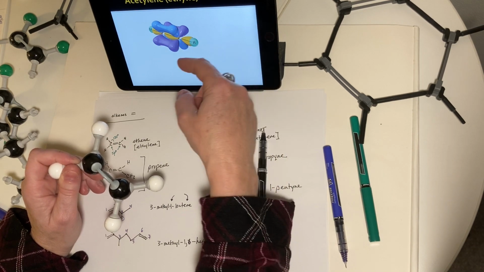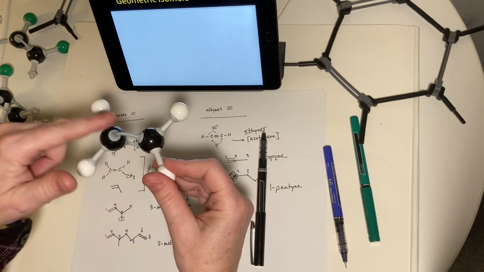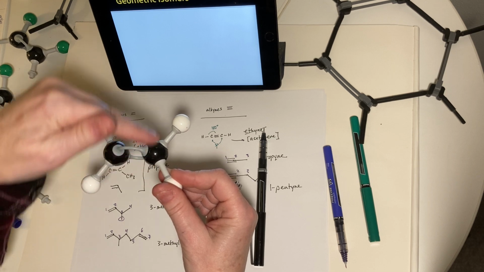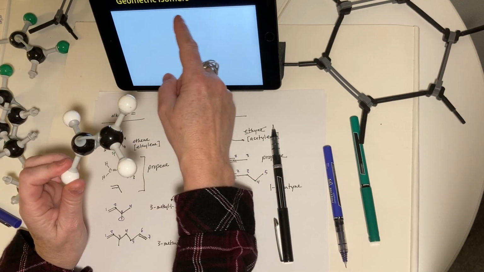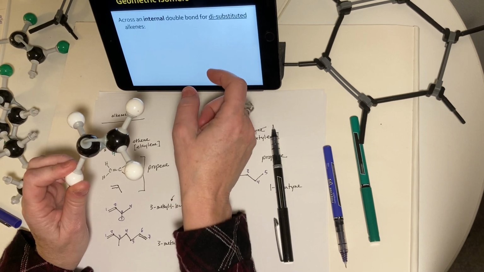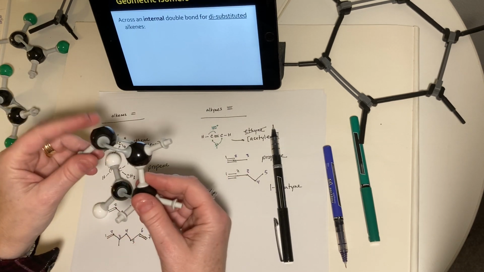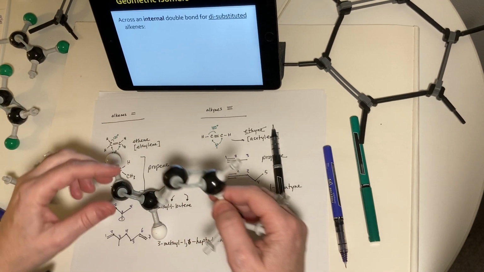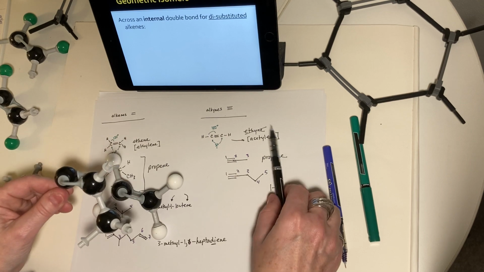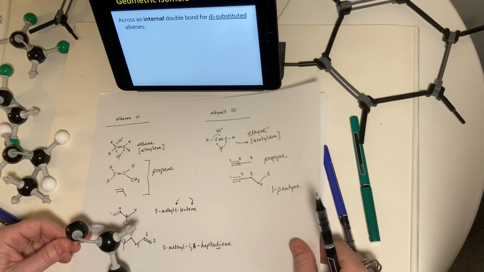What's really interesting is this idea that, hey, if that's so rigid, it really matters where I place atoms. So I could form a new kind of isomer if I have some kind of double bond and I start substituting for these hydrogens.